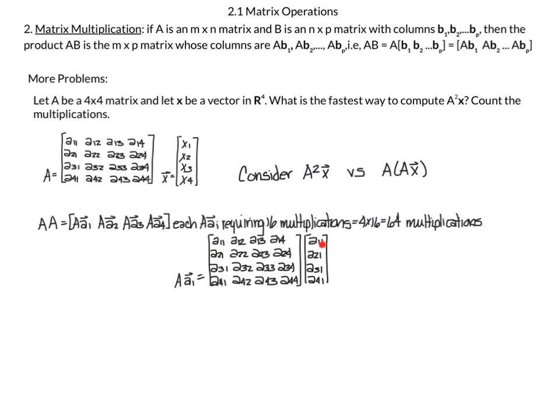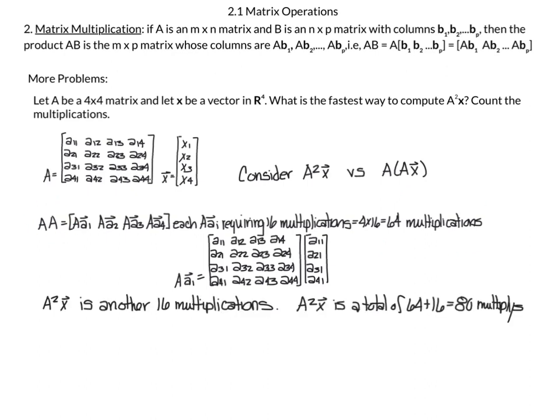The second row times the column is another 4, the third row times the column is another 4, and the fourth row times the column is another 4. So that's 16 multiplications for A times the first column vector. And you have 4 column vectors, so it's going to be 64 total multiplications just to get A squared.